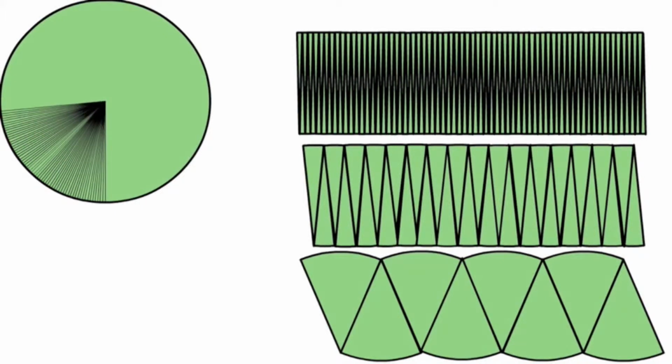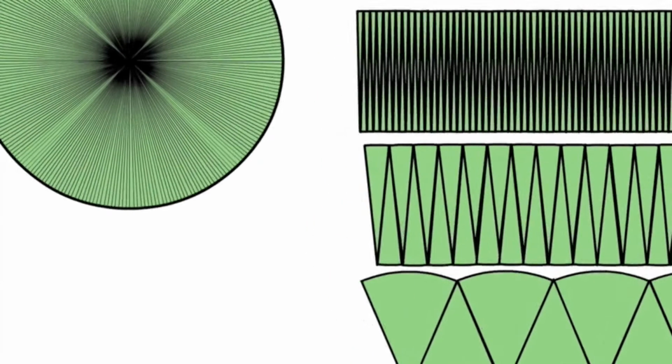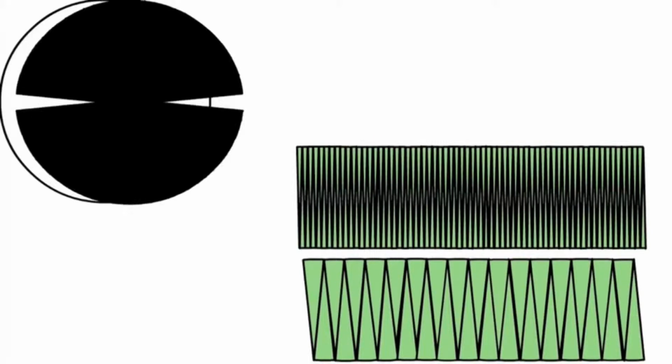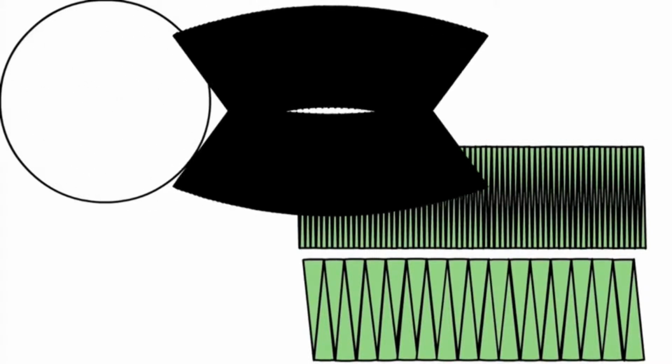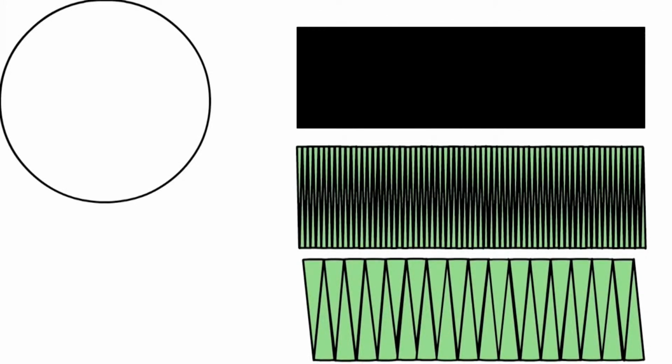Well, we have to divide the circle into smaller, smaller, and still smaller pieces until we reach the smallest possible division, which is so small that we cannot distinguish between the two lines. Now, on rearranging the pieces, the circle becomes a perfect rectangle.